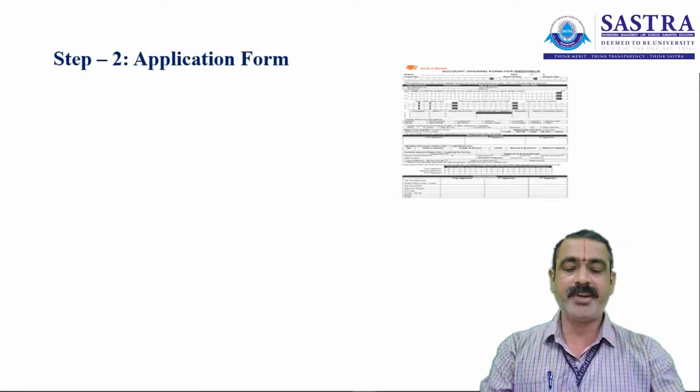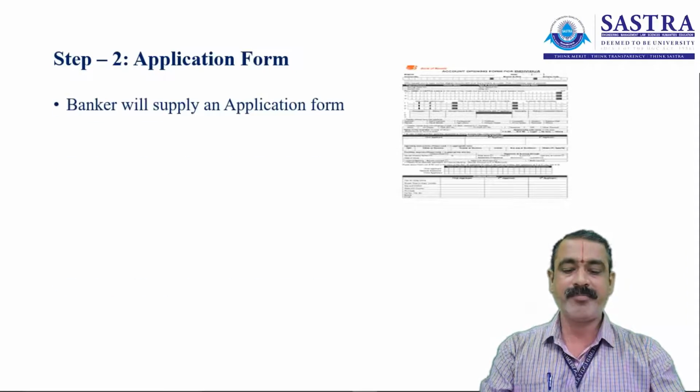The application form contains the rules and regulations of the bank with the terms and conditions of deposit or the particular nature of the account. The application form will have to be filled in by the customer or the applicant and handed over to the banker for necessary action.